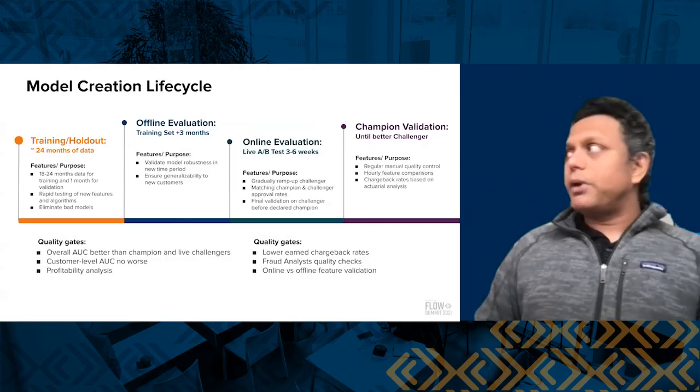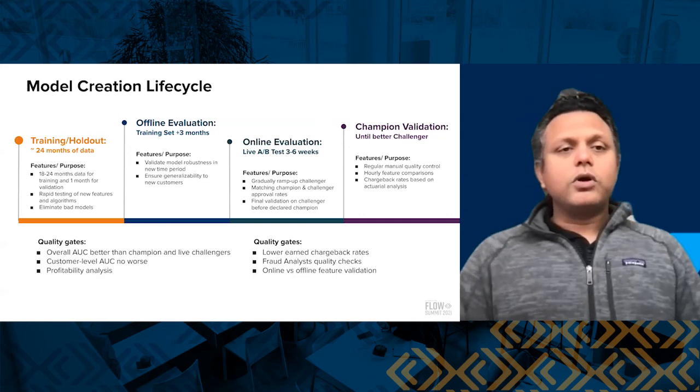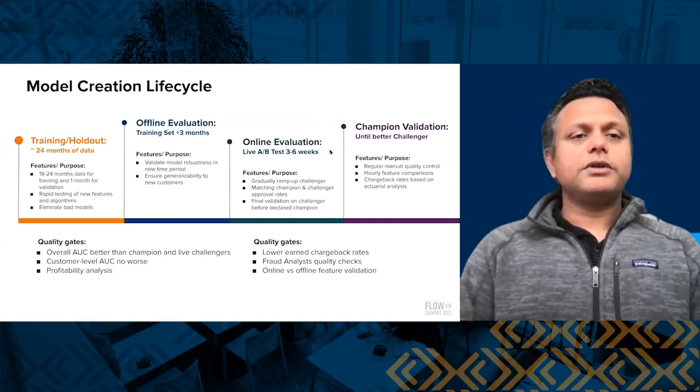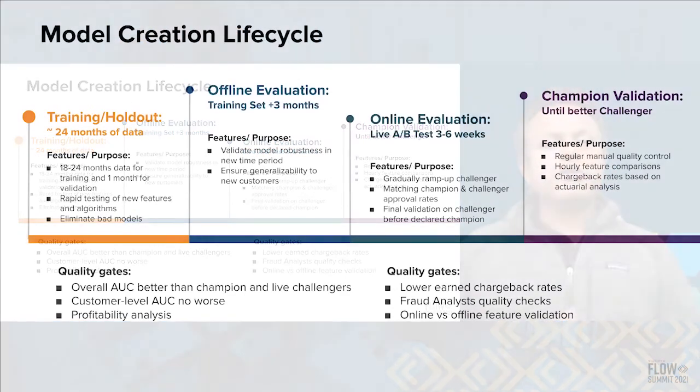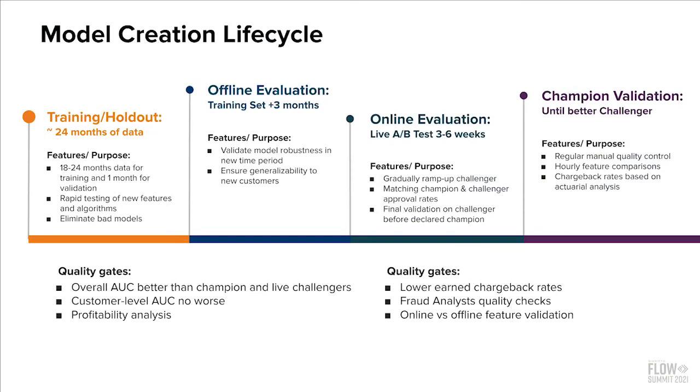And I want to talk about the model creation life cycle. Here, what we are trying to do is that we have this process of an offline model creation, and then there is an online evaluation as well. Offline, we create hundreds, sometimes thousands of models to pick out the best model for the problem that we are addressing.